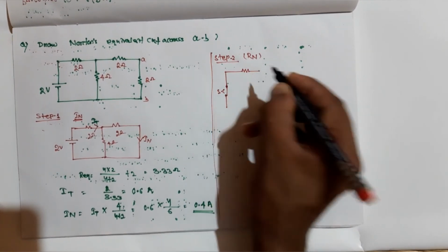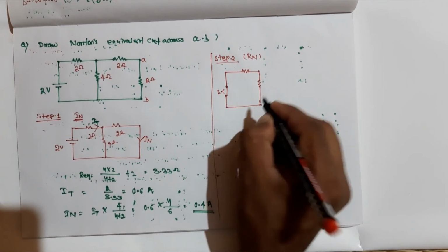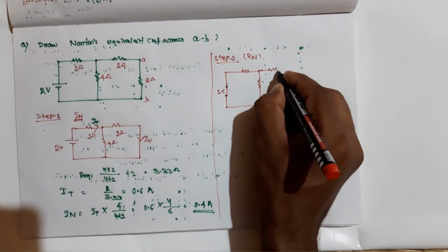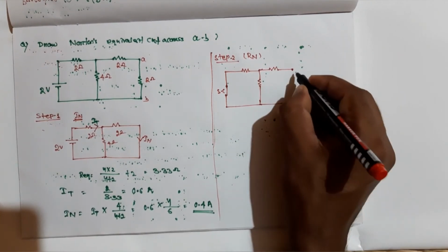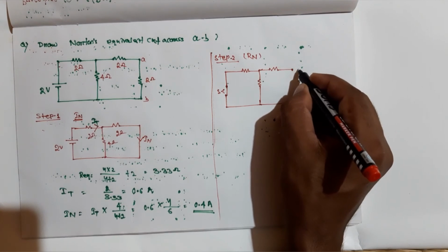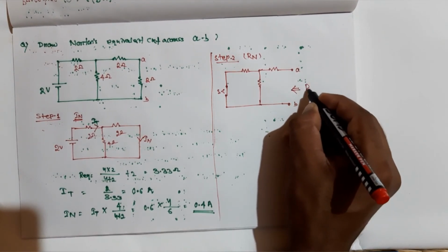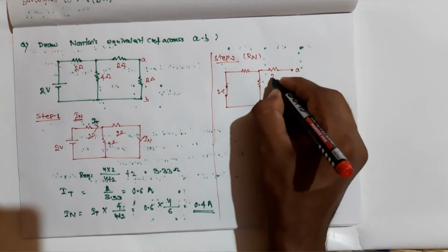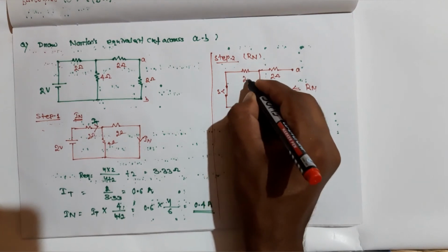This is 4 ohm. Then we open the AB terminals and find the resistance across them. This is 2 ohm, this is 4 ohm, and this is 2 ohm.